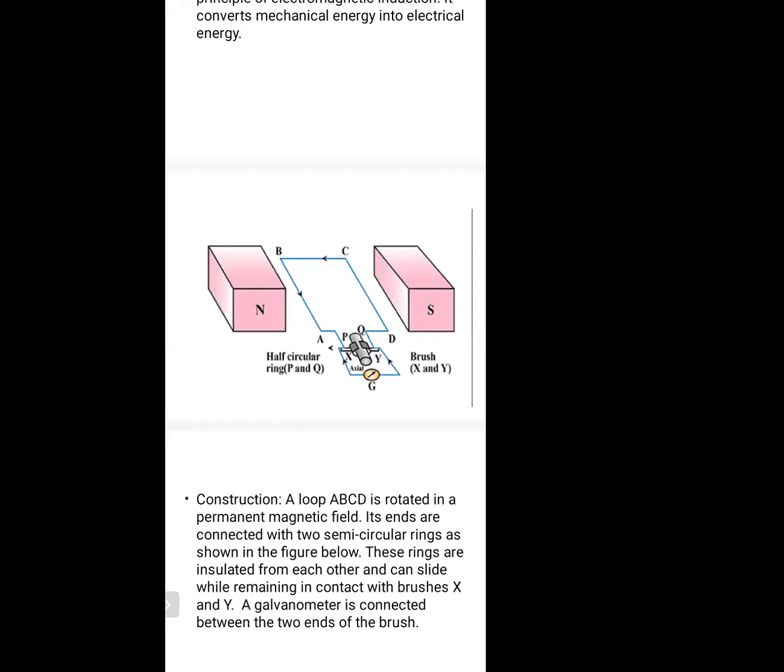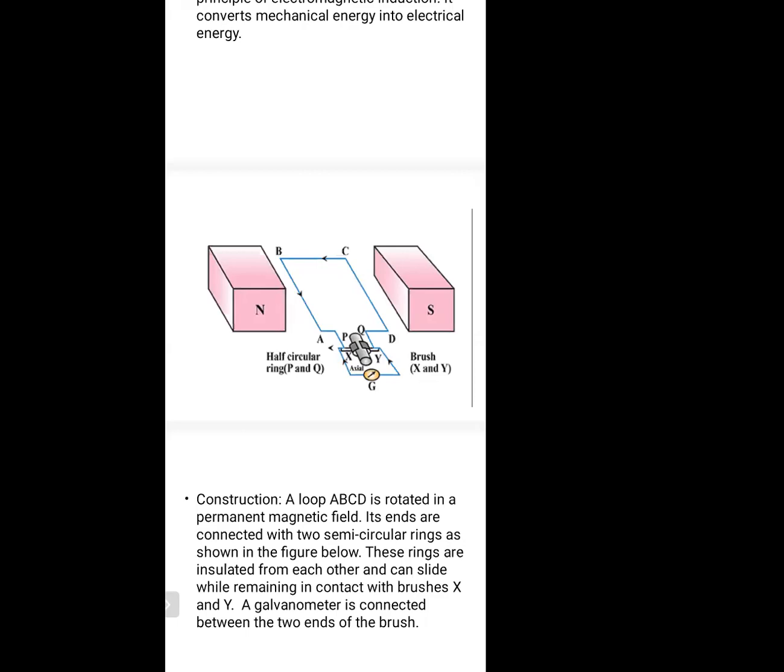So there is very little difference. You can see the figure. There are two bar magnets and again a rectangular conductor, but there is no source. In the motor you had an energy source, but here no battery. Why no battery? Did anyone think?